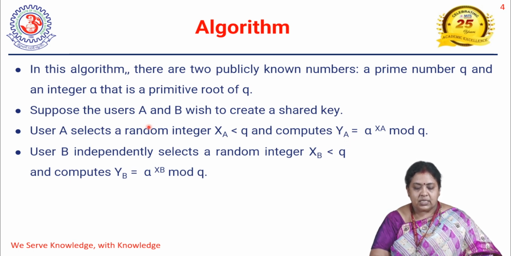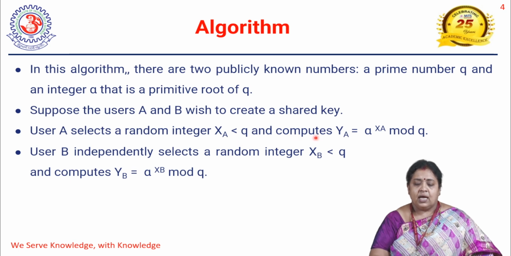Okay, so this public key algorithm is used to generate the shared key, or we can call it the symmetric key, which is used for symmetric cryptography. A selects a random integer XA, and the condition is that XA should be less than q, where q is a prime number.